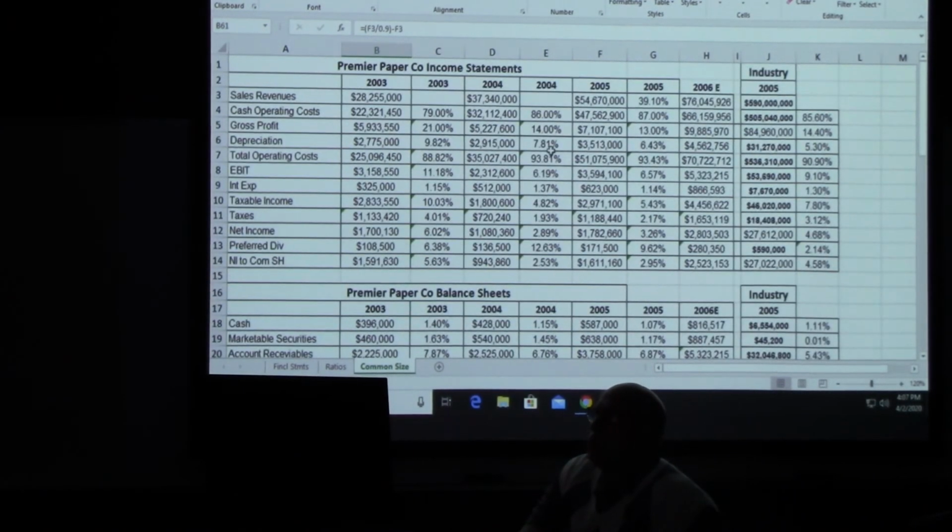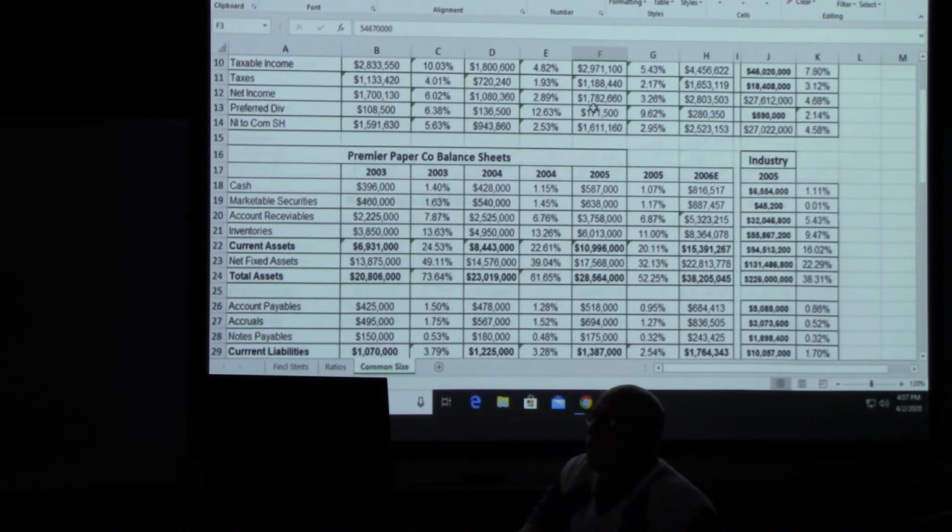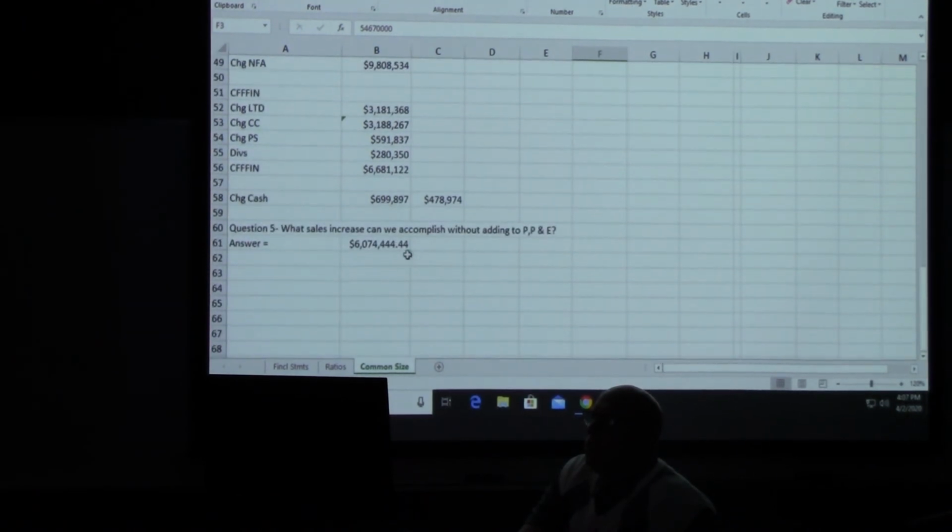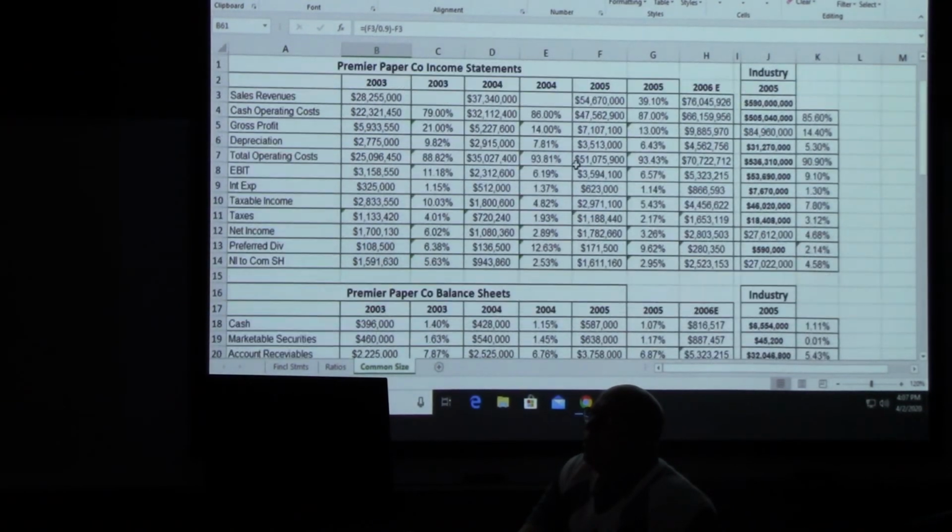If we take it to 100%, we can divide this by 0.9 to get 100% of our sales, subtract 2005 actual from 2005 running at 100%, and we can support a $6 million increase in sales without adding to net fixed assets, okay? And we're actually going up, so that would take us up to about 60 million in sales. We could go up to 60 million in sales without having to buy net fixed assets.